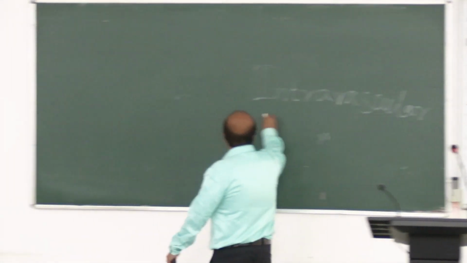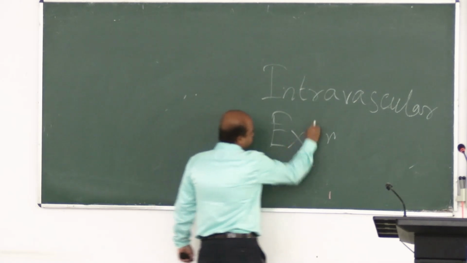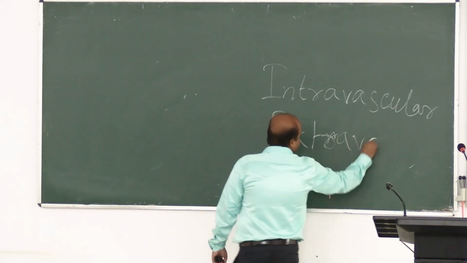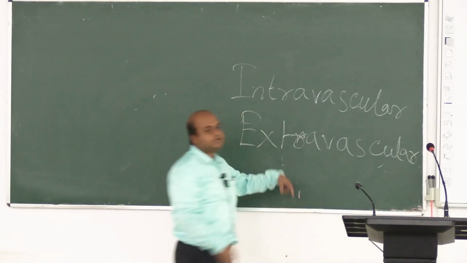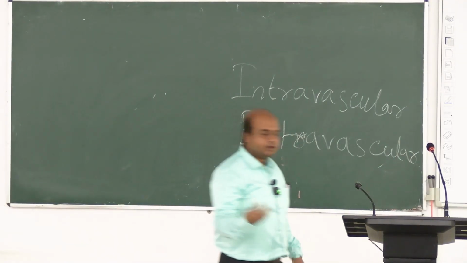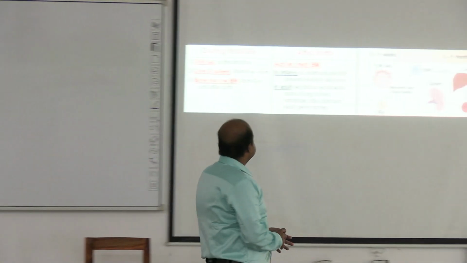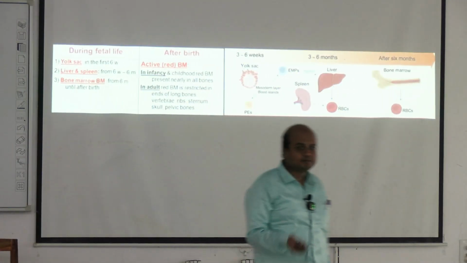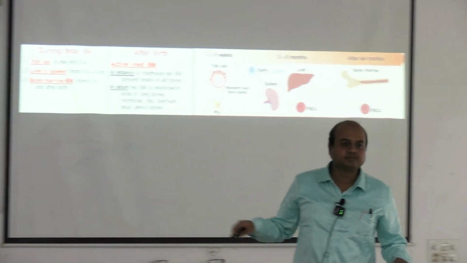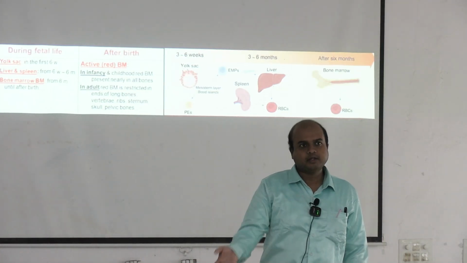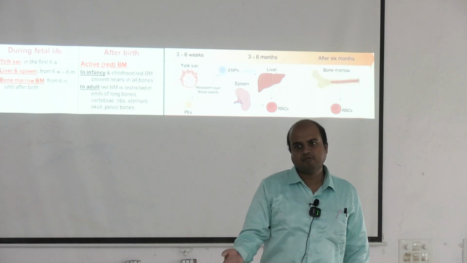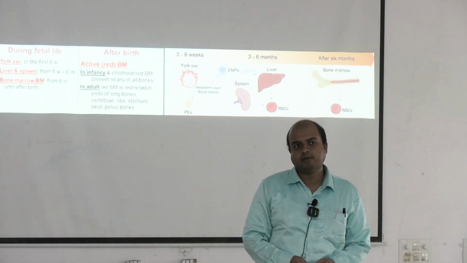Extravascular means outside the vascular system; the blood cells are originating from outside the vascular system. From 6 months, the bone marrow takes over, but liver and spleen still continue even into infancy, that means after childbirth.